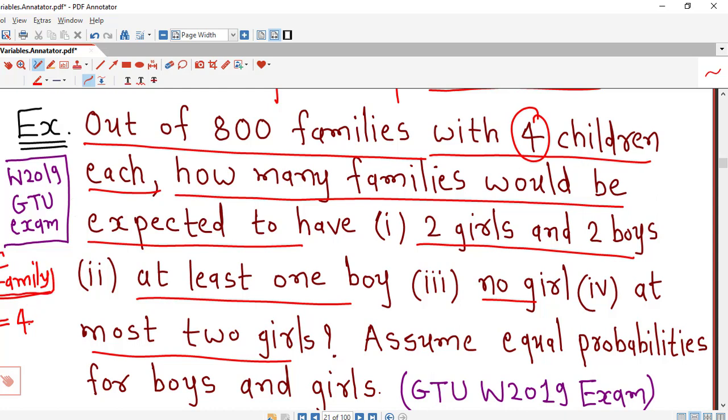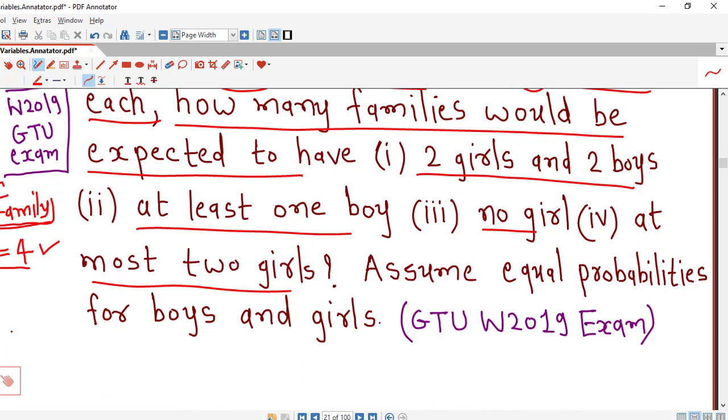Again I repeat, we consider our random experiment as checking the gender of the children in each family. In each family there are 4 children, so we consider n equal to 4, and for each child we have to check whether it is a boy or girl, and this experiment is repeated for 800 families. So we consider capital N equal to 800.